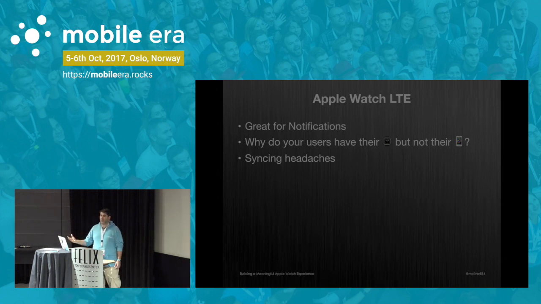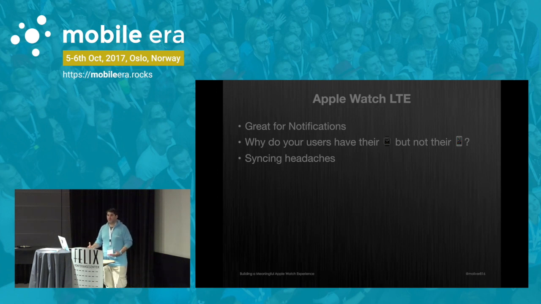So I think the Apple Watch LTE is going to be really great for notifications for all of us as users, right? There are going to be times where you don't have your phone on you, or your phone is in your bag while you're at the gym or something, if you want to leave it there, and you'll still be able to get your notifications, which I think is great.